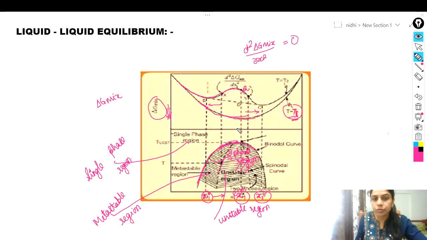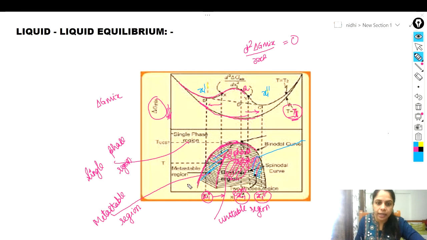If you plot G mix versus x1, there would be a point at which the second derivative of Gibbs energy is equal to 0. And from this point towards the other side, this is your x1 dash and this one is x1 double dash, towards this side, this region we call the metastable region.